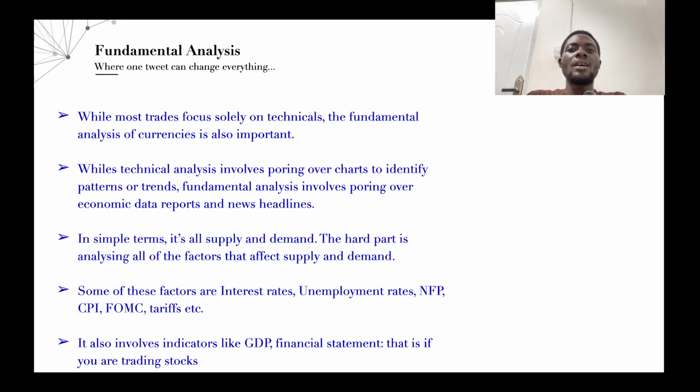So fundamental analysis, per my rating, I would give it a 60% certainty rate. And technical analysis, I would give it an 88% certainty rate, based on the strategy and the concepts we employ in our community.